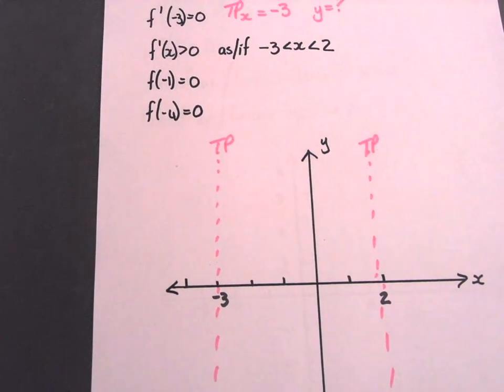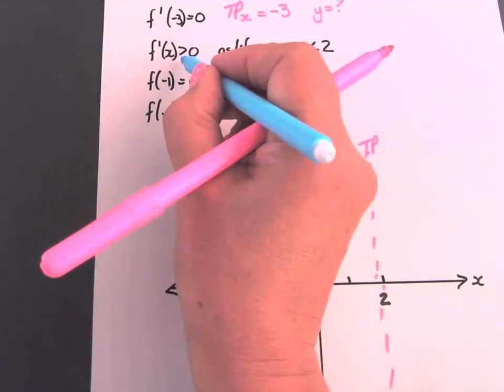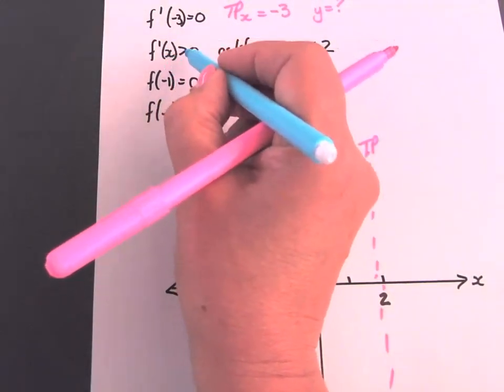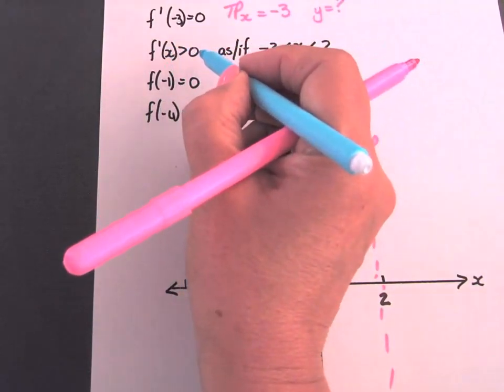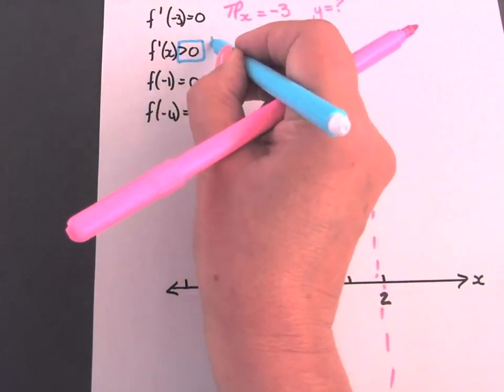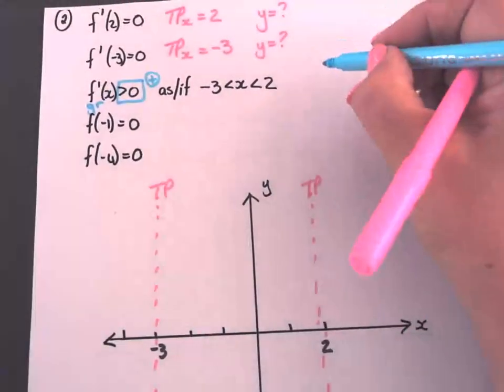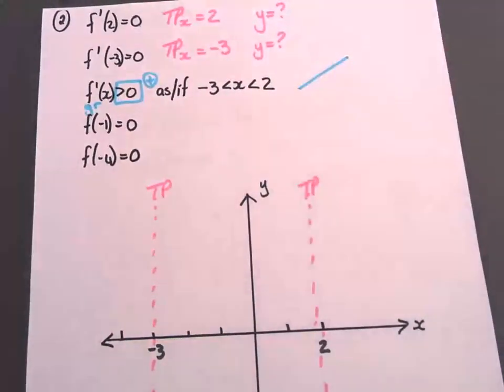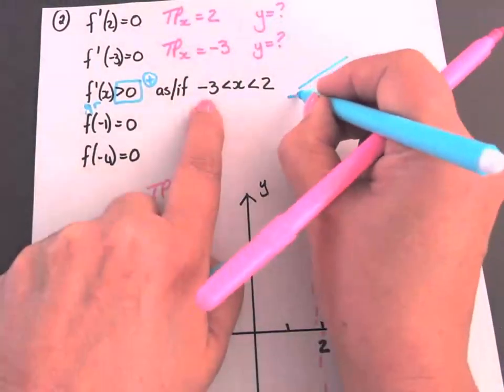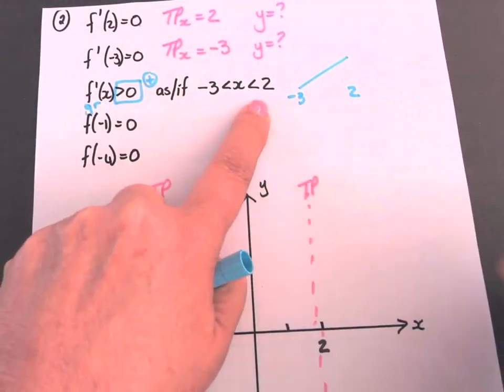The next one is the f' one. So the first derivative is larger than 0. It means positive gradient. So we have a positive gradient between -3 and 2.